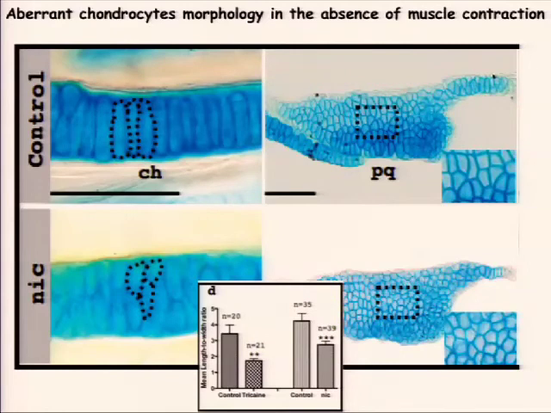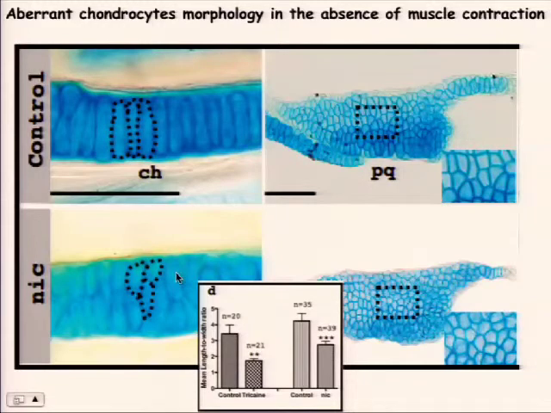Here you can see the reason why we did this work, because as you can see, you can have a very nice cellular level. One thing that we observed immediately was the fact that if you paralyze the zebrafish, the chondrocytes lose their normal stereotypical morphology.